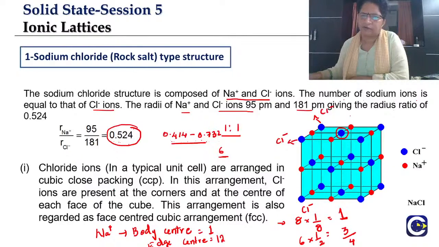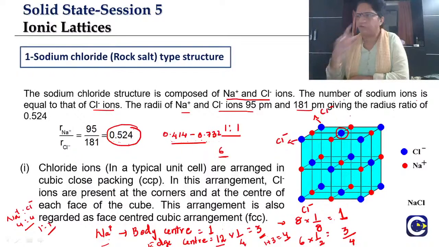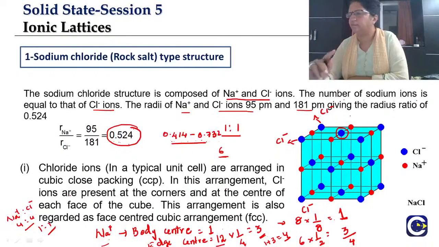How many edge centers do we have? 12, in the unit cell, each shared by 4 unit cells. So the contribution is 3. 1 plus 3 is 4. We have 4 sodium ions and 4 chloride ions. So the ratio of sodium ions to chloride ions is 4 to 4, which we can write as 1 to 1. So we write the formula as NaCl.